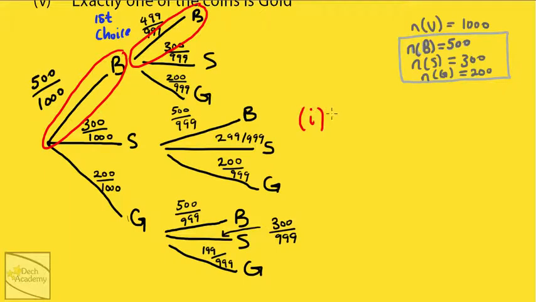Let's consider it this way. I think what I need to do first is say this is picking bronze the first time, silver the first time, gold the first time. Well, that's bronze the second time.